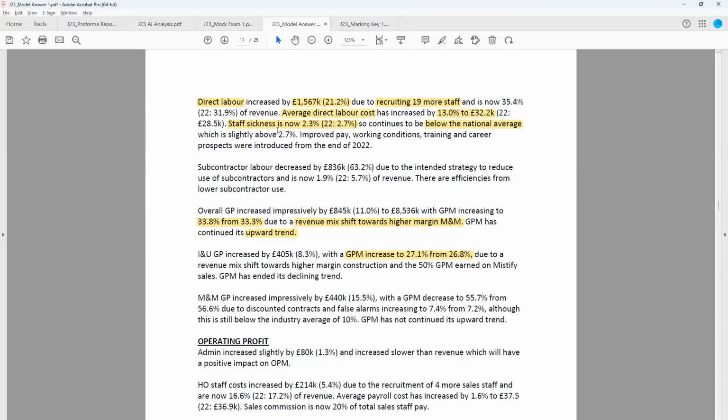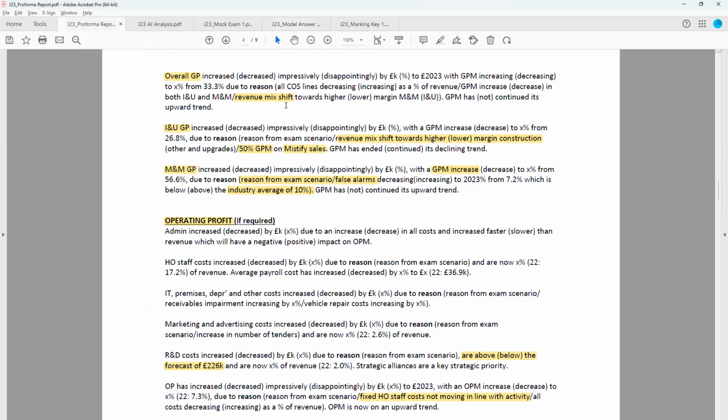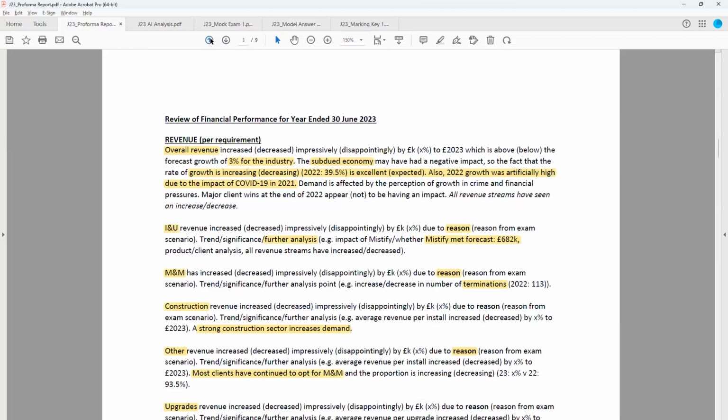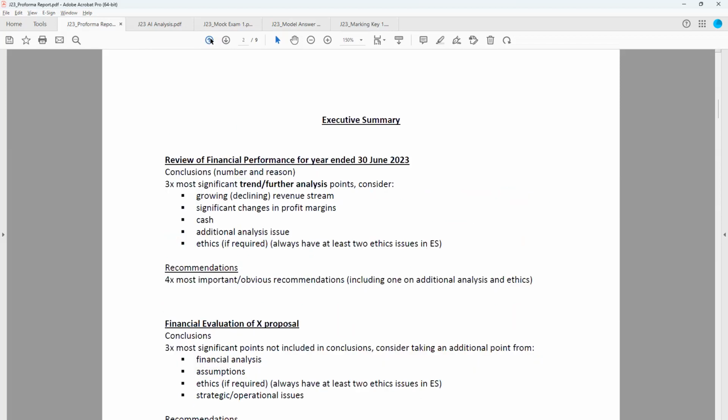So you might think, well, how do I know which ones to add in? Well, focus on the ones which are the most significant. If you think about who the exec summary is for, it's obviously for the executives, the directors. So what are the areas where there's been significant changes in significant numbers, like profit margins, or a particular revenue stream which is doing well or conversely doing poorly?